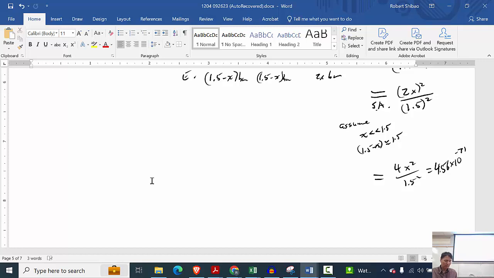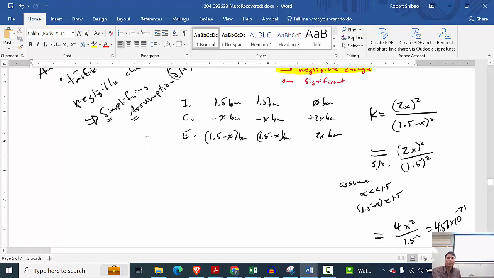So 4.56 times 10 to the minus 31 times 1.5 squared divided by 4 equals, and then take the square root of that. And I get an x equal to 5.0645 times 10 to the minus 16.